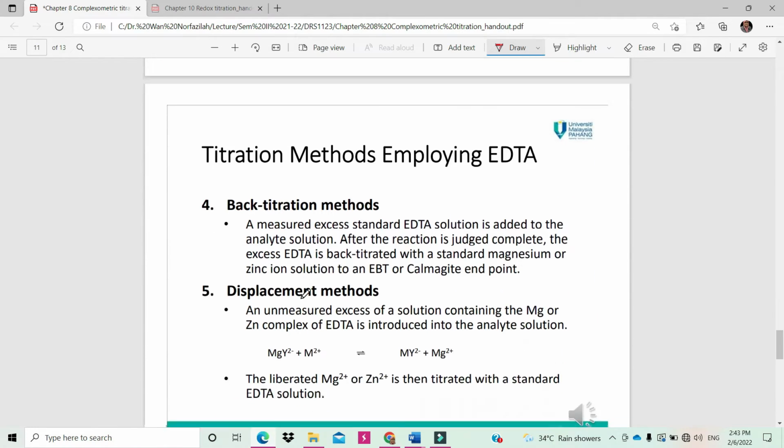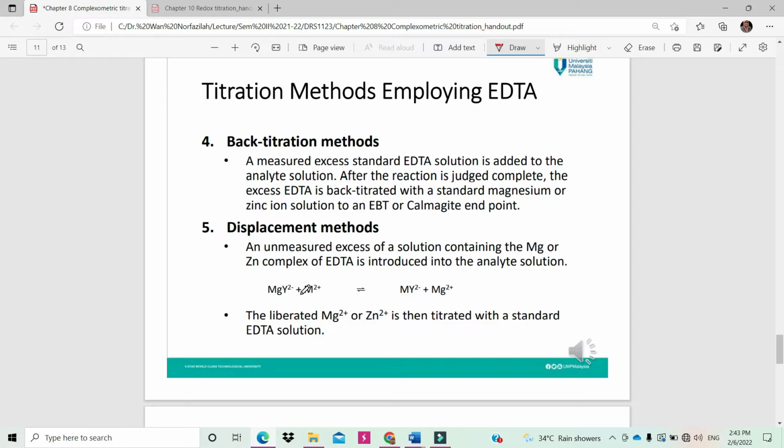And then we have another two titration methods for EDTA. We have back titration. Okay, remember for precipitation titration, we have Volhard, which is back titration. So in EDTA titration or complexometric titration, we also have back titration. And the method is the same. But the one that is different is what you use as the agent.